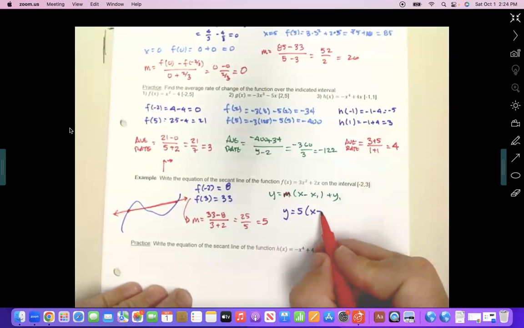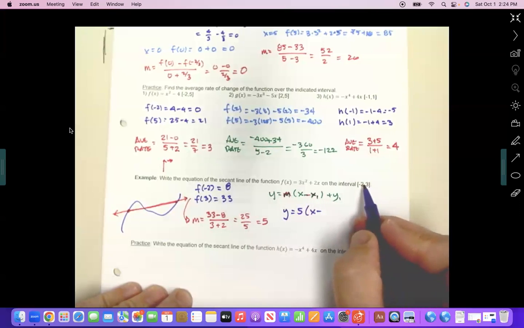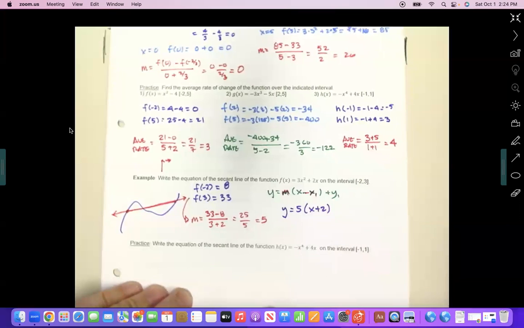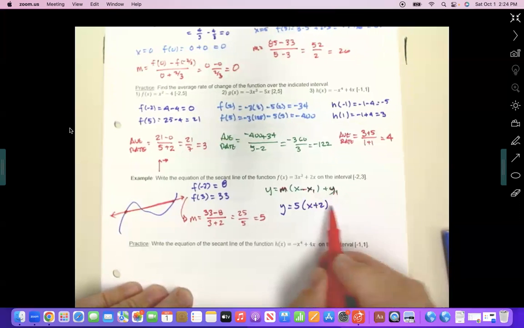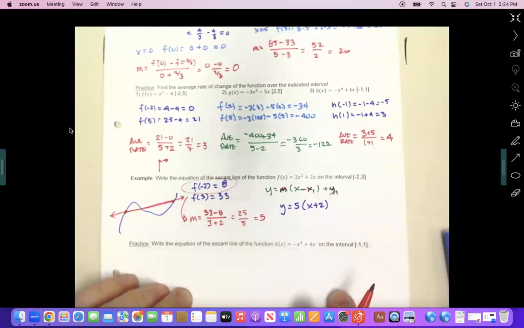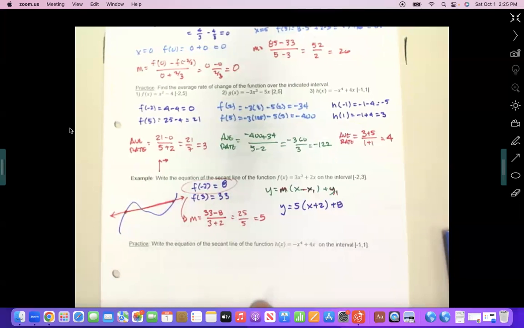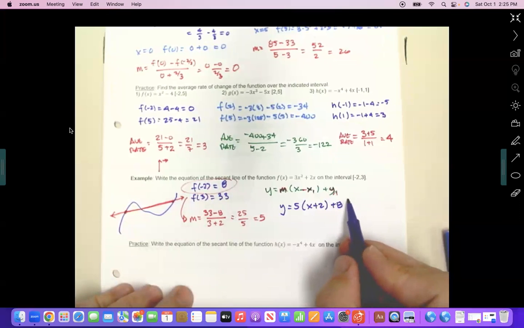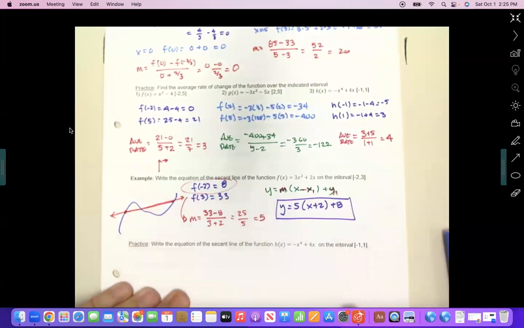I'll just go ahead and use the negative 2 here for our x1 value, which changes this to a plus 2. And then our y value, that came when we evaluated the function at negative 2, which is going to give us plus 8. And there you have it, the equation of this line that was a secant line.